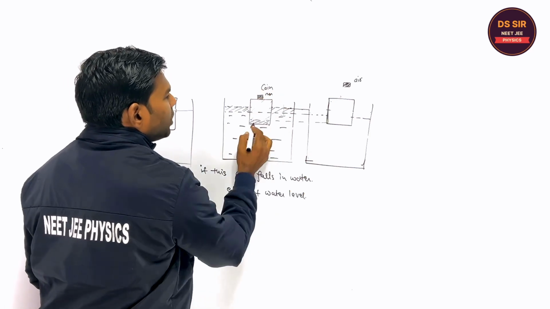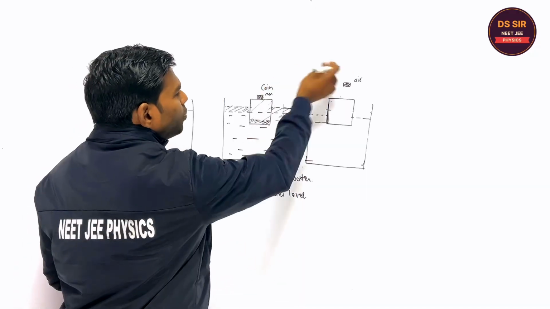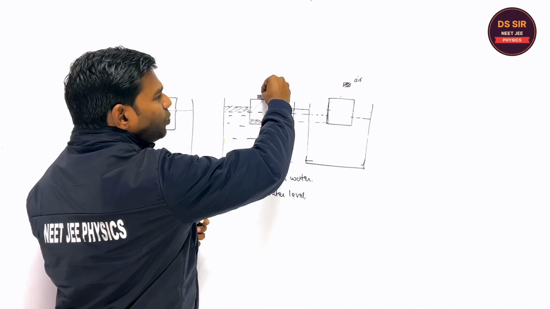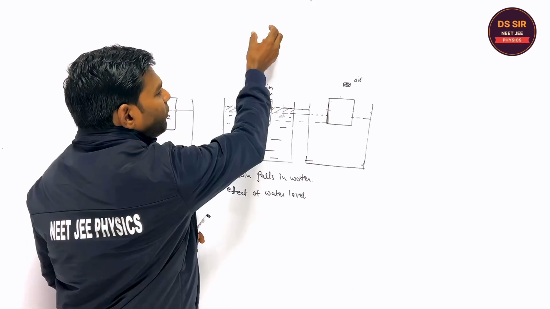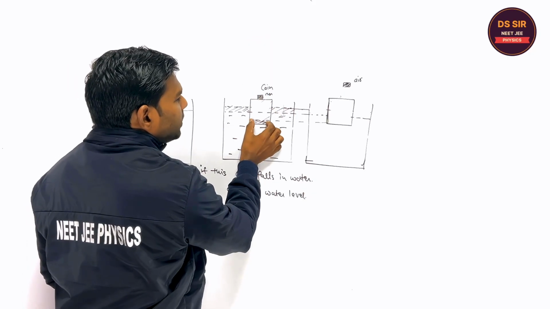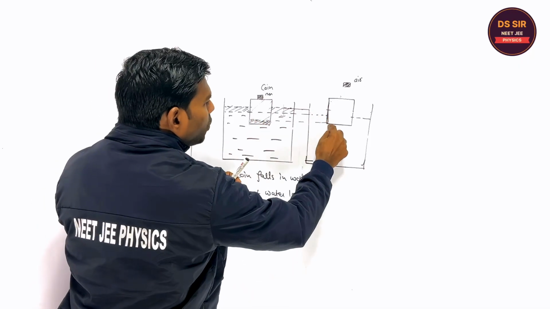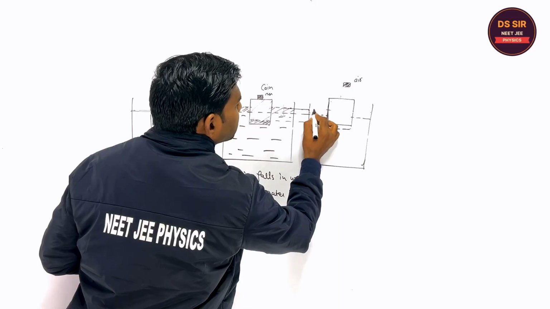Is it clear or not? And this is the volume. When you remove this coin from the wooden block, it will come up, and this is the portion. This volume goes to this side. Is it clear or not? This is the volume.